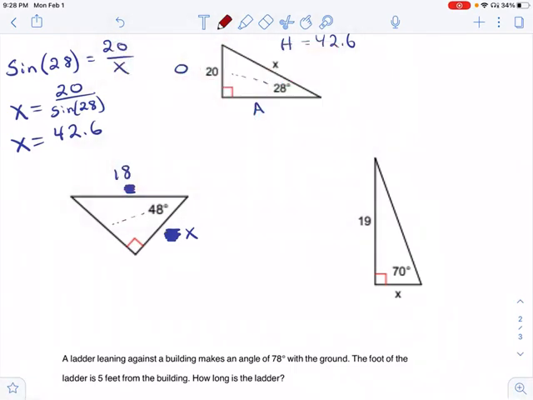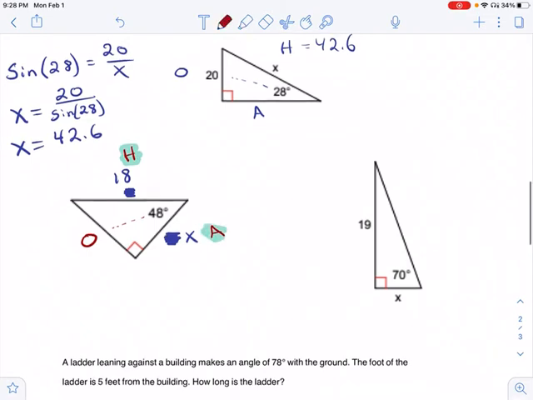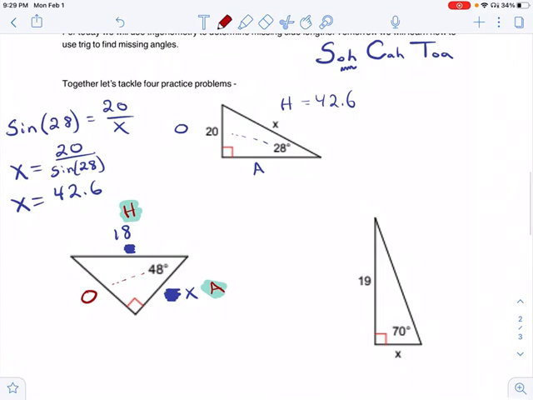But labeling my sides, opposite my angle, my hypotenuse is across from the right angle. This is my adjacent side. So I want a trig function that relates hypotenuse and adjacent. So looking back at so ka toa, I can see that that is going to be cosine.